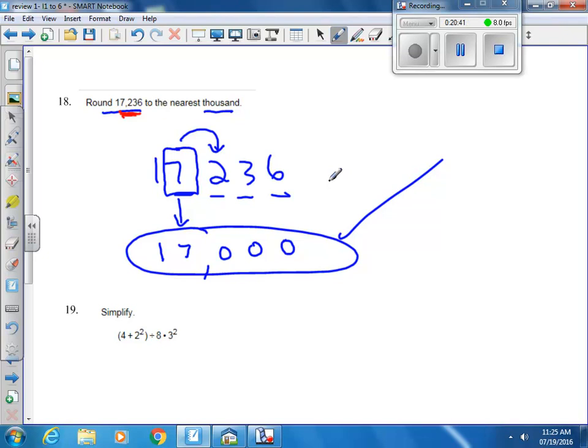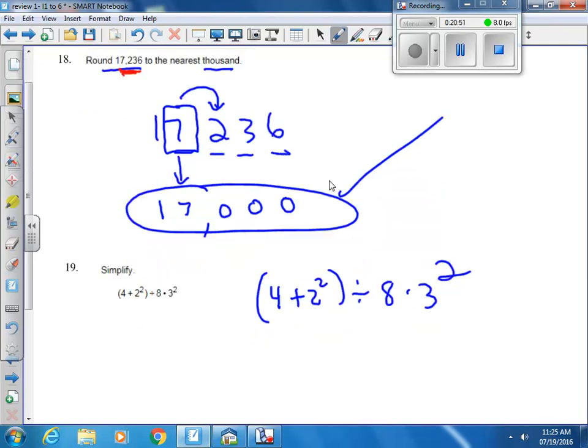All right, and we have another order of ops here, 4 plus 2 squared, all divided by 8 times 3 squared. Let's take care of the parentheses first. So we know 2 squared is 4. I'm actually just going to force myself to keep writing that out. 4 plus 4 is then 8.